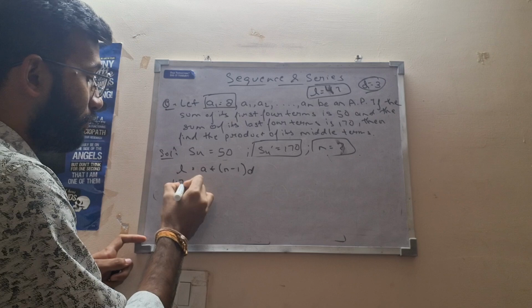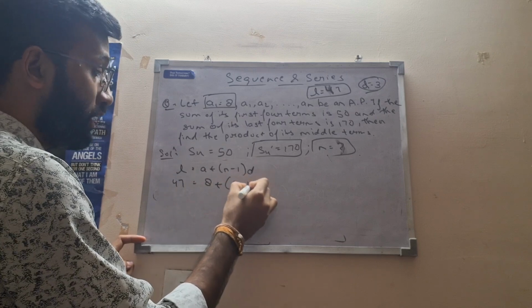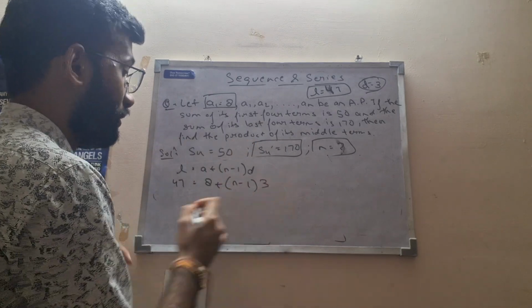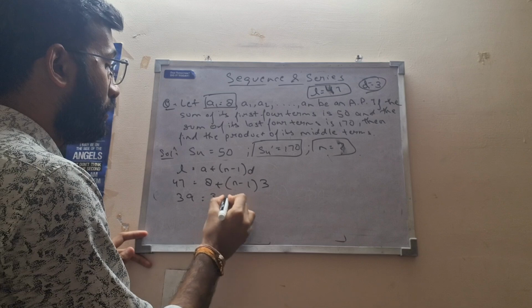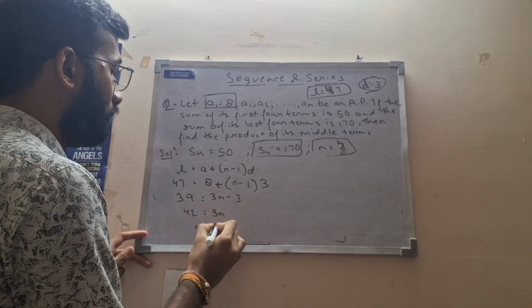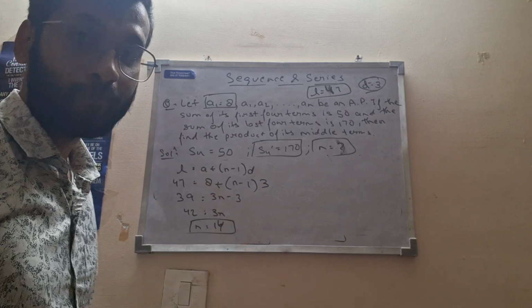What is the value of L? 47. What is the value of a? 8. What is the value of n? We have to find it. And what is d? 3. We have to subtract it. 39 = 3n - 3. 42 = 3n. n = 14. So the total number of terms we have is 14.